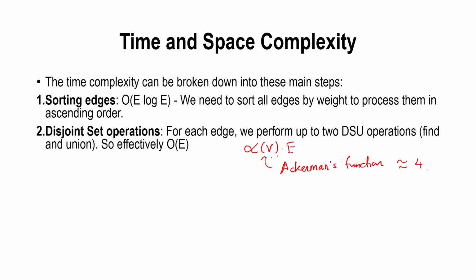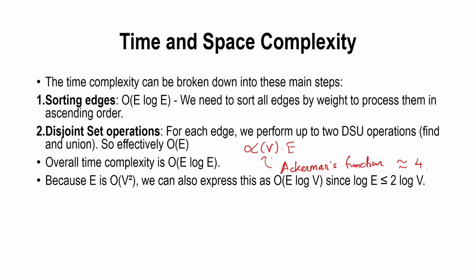Considering that, it is almost of the order of 4 times E, but it doesn't matter, 2 times E or 4 times E, it will be some constant factor multiplied by E. So we'll consider it as order of E. Overall time complexity is order of E log E.